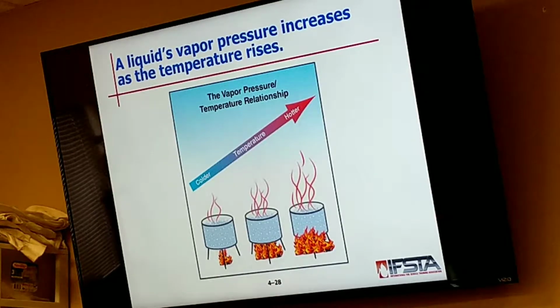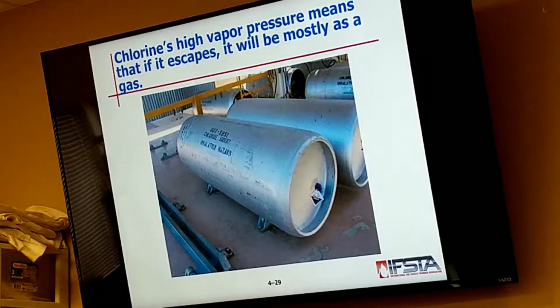Okay? The higher temperature provides more energy to a liquid, which allows more liquid to escape into a gaseous form. Atmospheric pressure is the baseline that we use for pressure measurements.